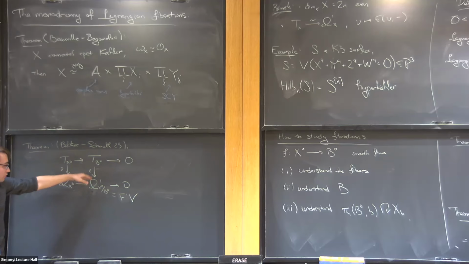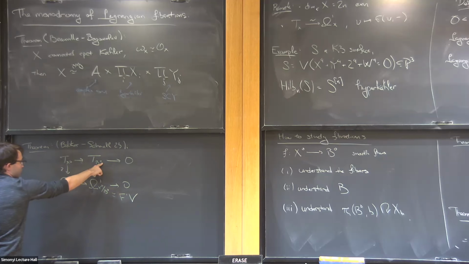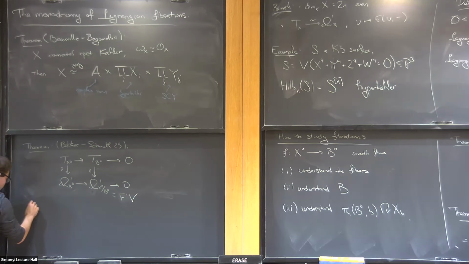This is not their theorem, by the way. You can see this by observation. But what they prove is that this actually extends. Here we took the part of V where the fibers were smooth.